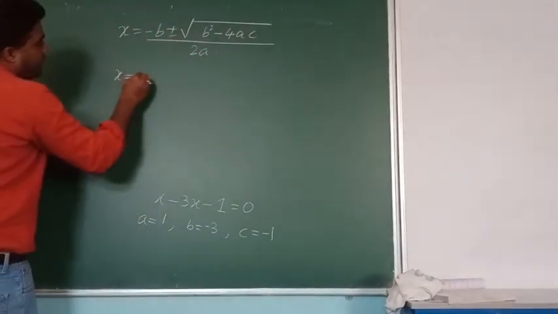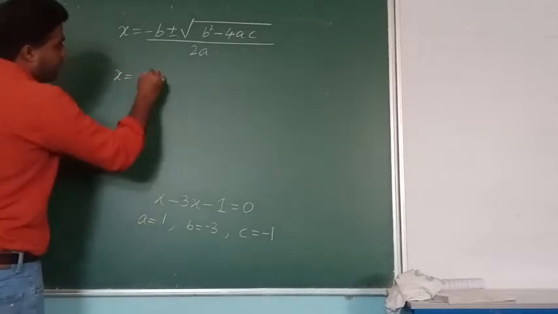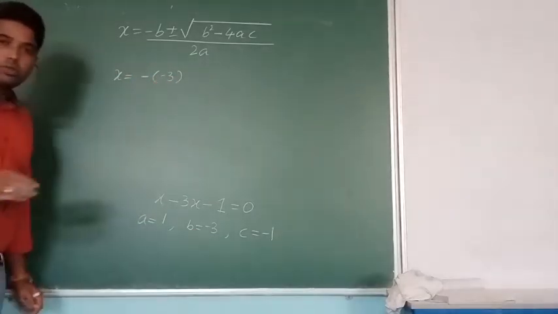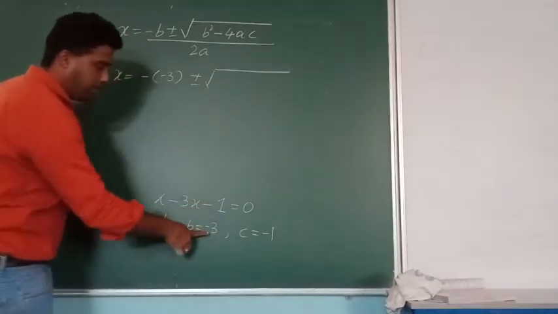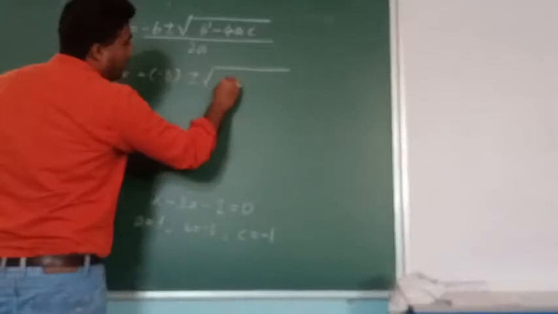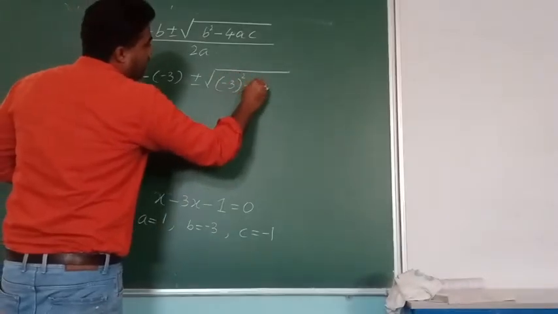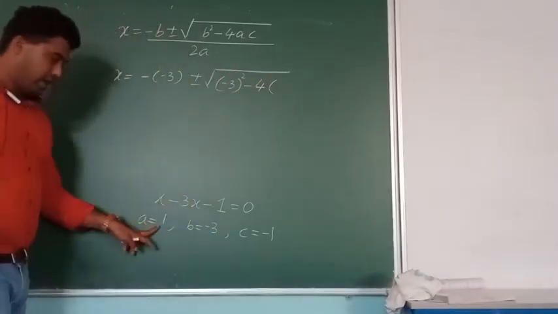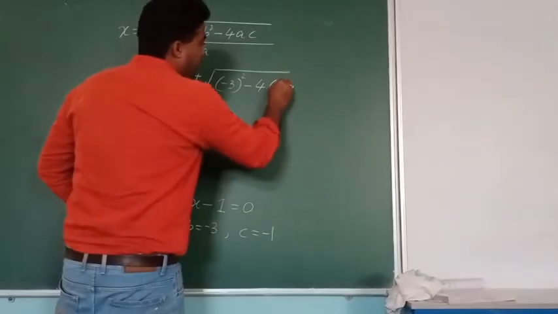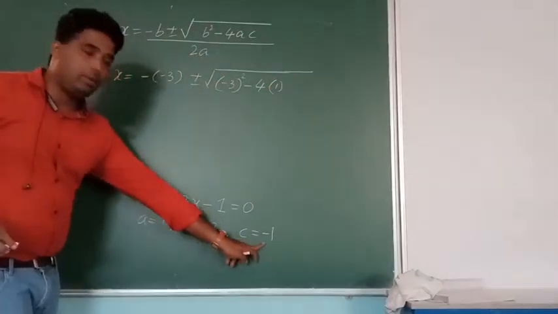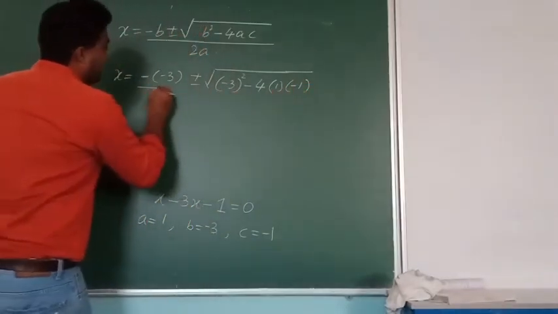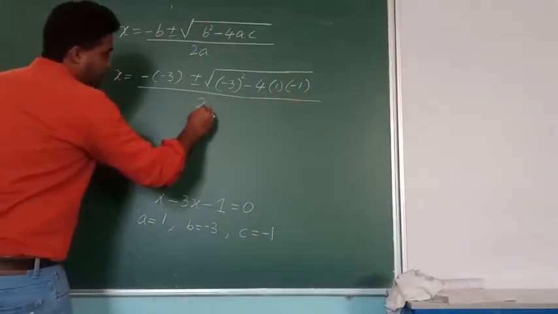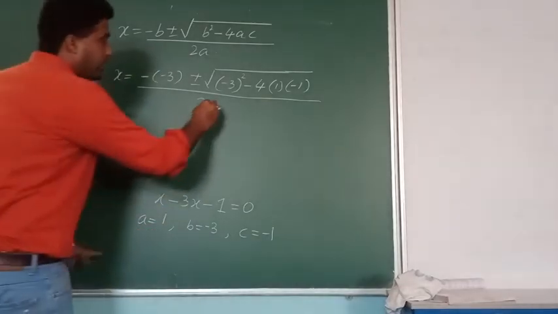Then let us substitute. x is equal to minus b, which is minus of minus 3, plus or minus square root of b square, which is minus 3 square, minus 4ac, where a is 1 and c is minus 1, divided by 2a, that is 2 times 1.